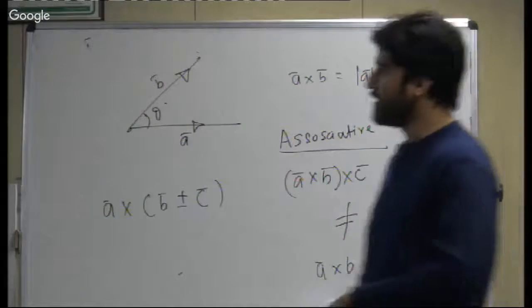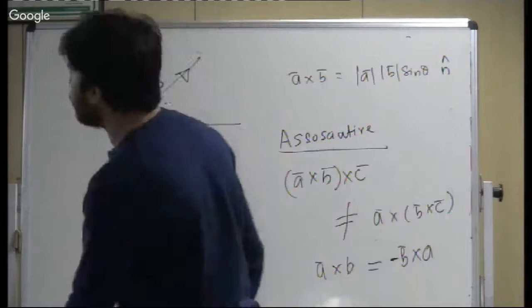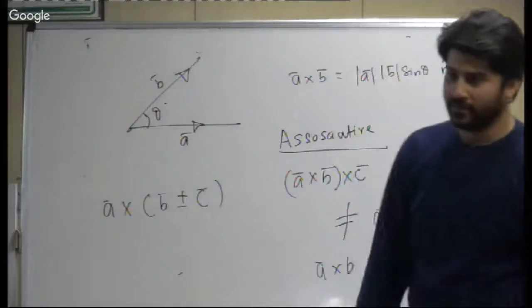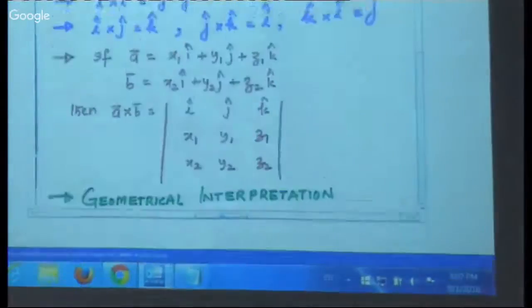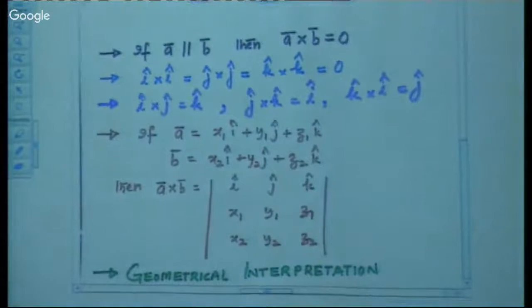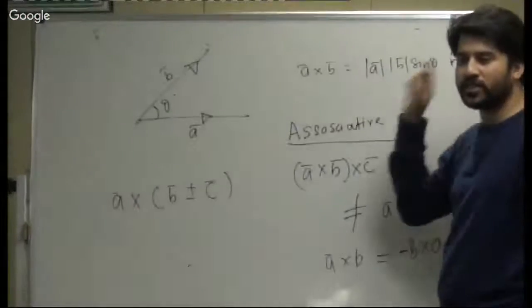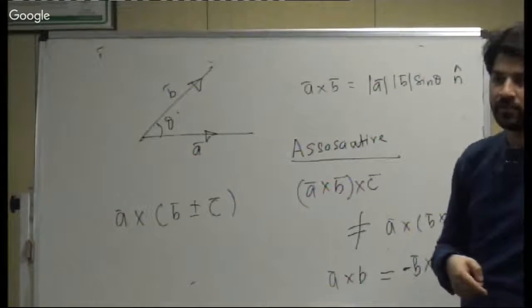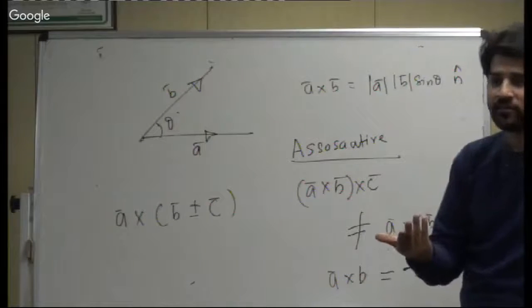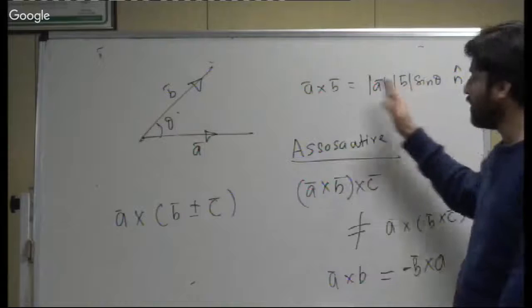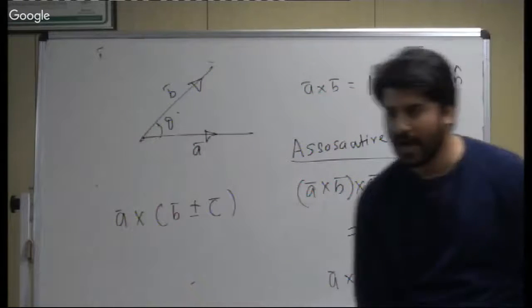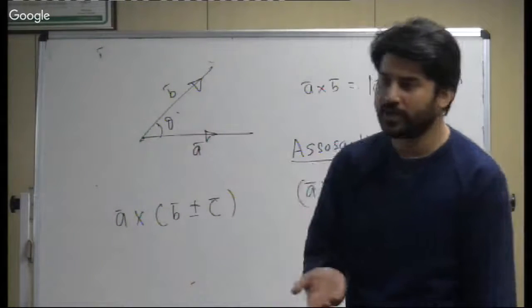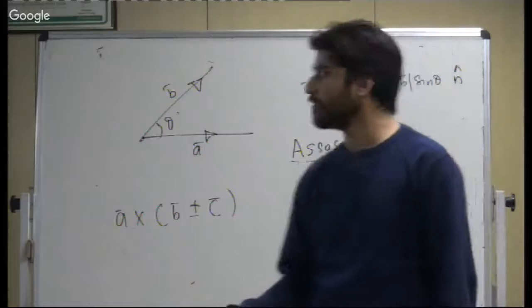Now, if vector A is parallel to vector B, then A cross B is mod A, mod B, sin 0 or sin 180. What is sin 0 or sin 180? 0. So finally, when A and B are parallel, their cross product is 0, right?